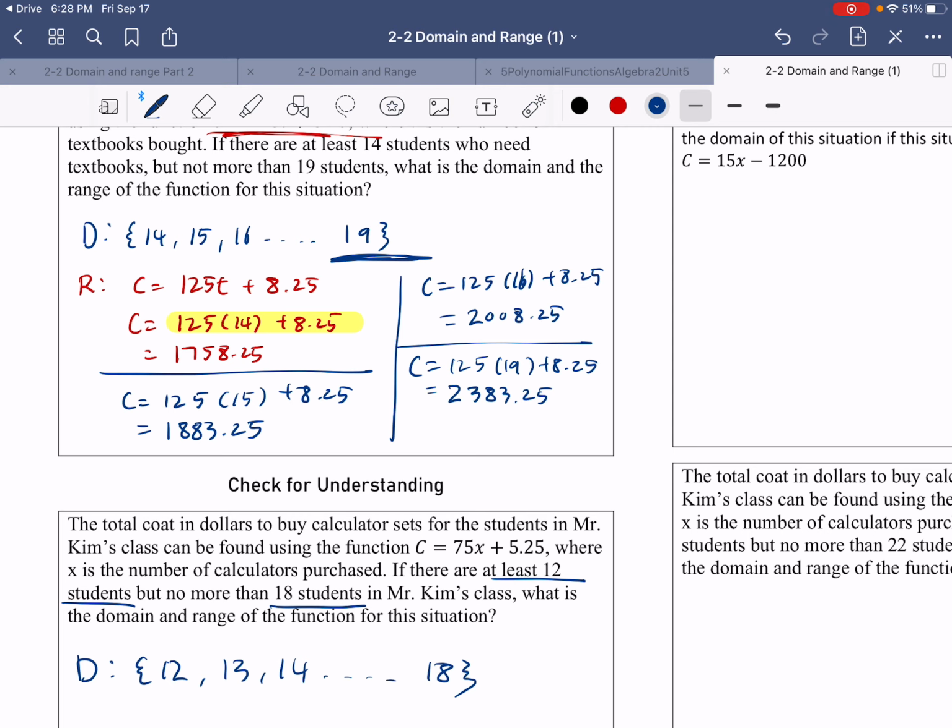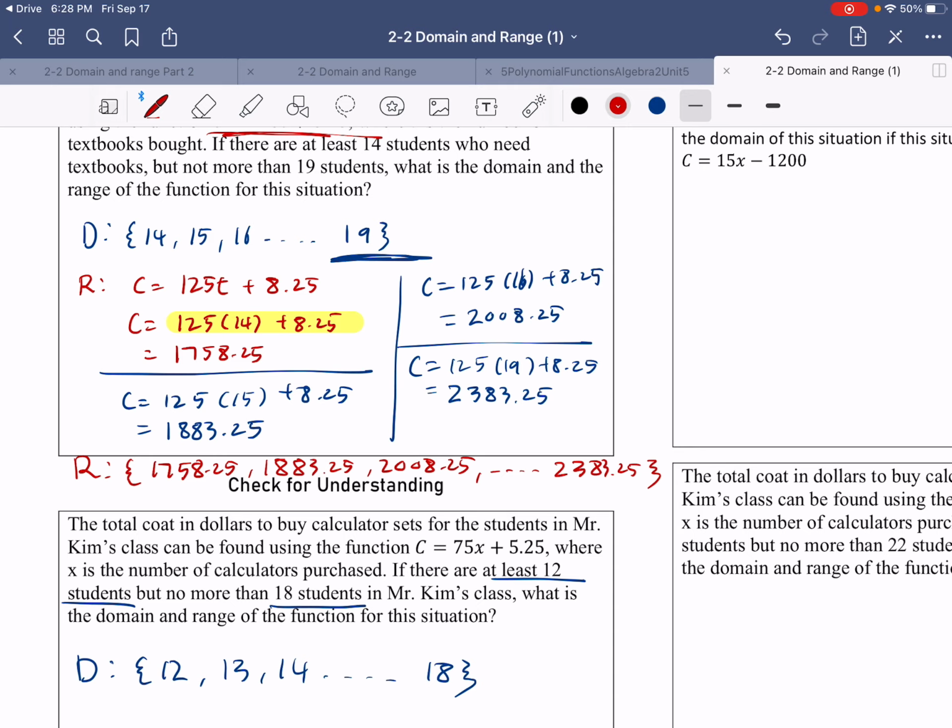Therefore, I need some space, but it's okay. So the range for this one is gonna be 1758.25, comma, 1883.25, comma, 2008.25, comma, and the last number is going to be $2,383.25 to buy textbooks.